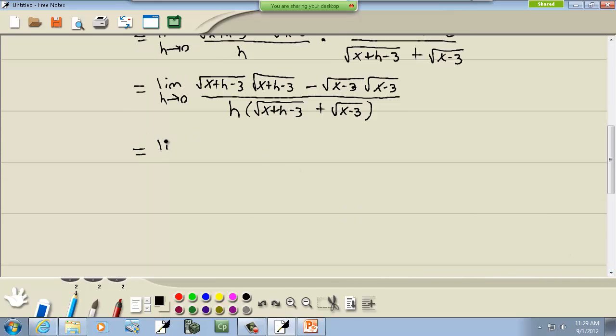Now when you got square roots and they're the same, like square root of x plus h minus 3 times square root of x plus h minus 3, they cancel each other away and you're just left with what's underneath. So we got x plus h minus 3 minus square root of x minus 3 times square root of x minus 3 gives us x minus 3. And then we got all this down below.